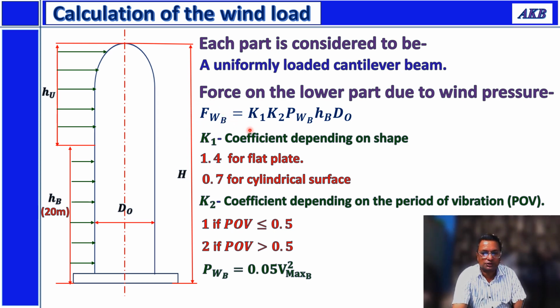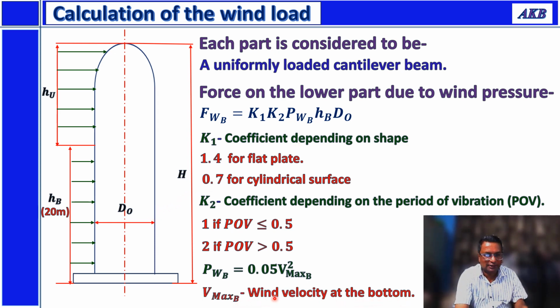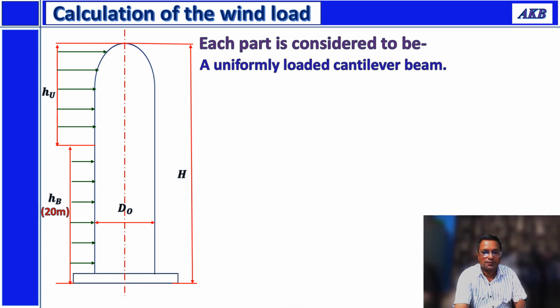K1 is a coefficient, K2 is another coefficient, PWB is given by this equation, HB is height up to 20 meter, so you can say HB itself is 20 meter. If it is less than 20 meter, then you'll have to use that value, and DO is the outer diameter of the shell, outer diameter of the column, which also includes the insulation diameter in case of an insulated column. Vmax B is the wind velocity at the bottom.